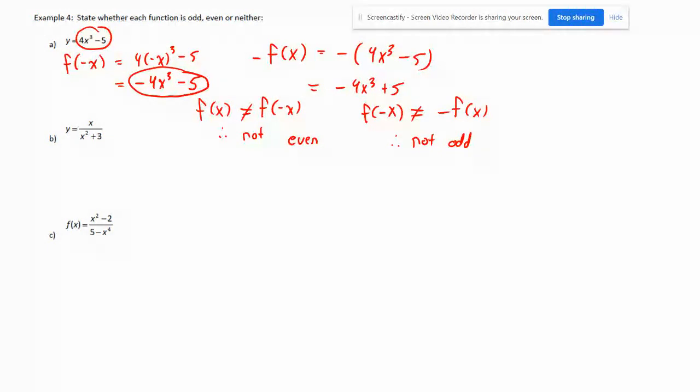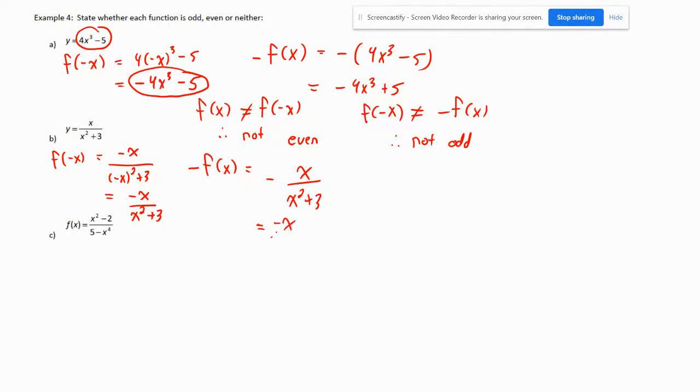Okay, let's take a look at example B. If I do f of negative x, I get negative x over negative x squared plus 3, which is negative x over x squared plus 3. If we do negative f of x, that's the same as putting a negative in front of the whole thing, and I can just bring the negative to the numerator. What we're seeing here is that the original function and f of negative x are not the same.